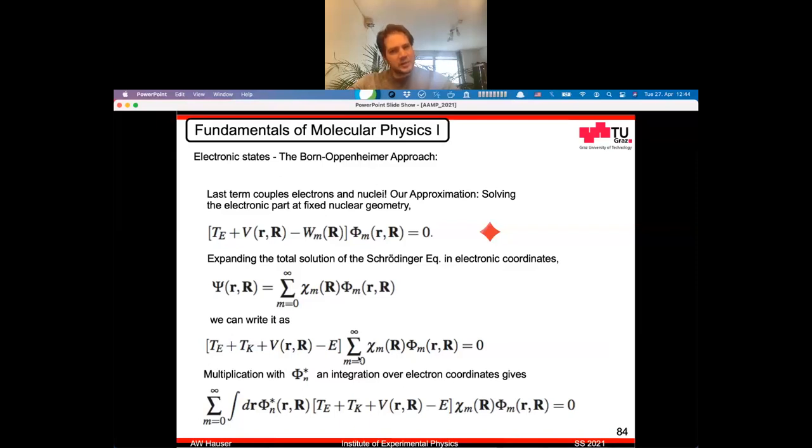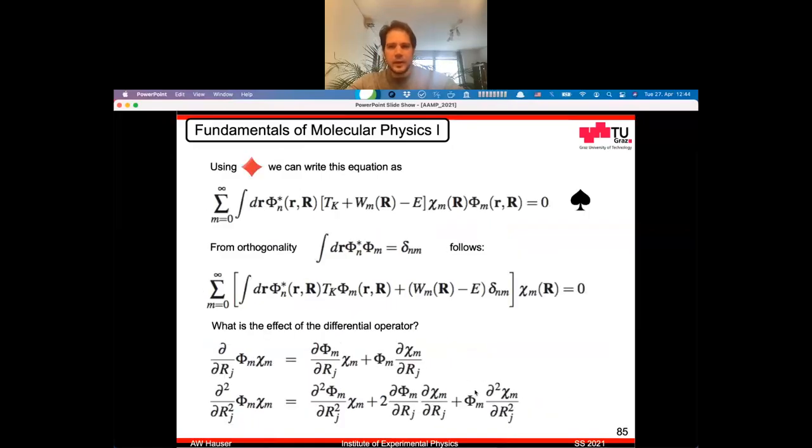So for now, we have just expanded the total wave function in this series. We go back into our formula, which is the Schrödinger equation for the total system of electrons and nuclei, and multiply from the left with an arbitrary electronic state now, with some electronic wave function phi n.